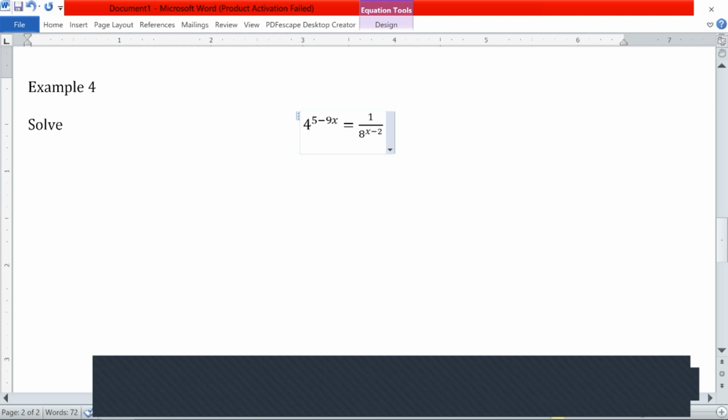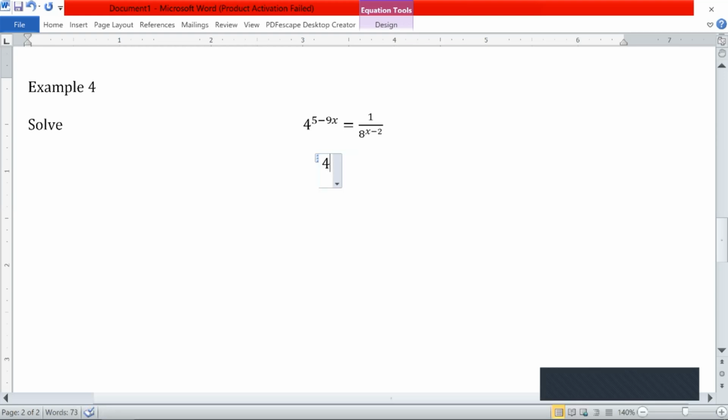So let me start working on it slowly. I'm sure you are trying it too. So what I will first try to do is, left hand side, I will write it as it is, 4 to the power of 5 minus 9x. The right hand side term, I'm going to bring that, because the index number is in the bottom.